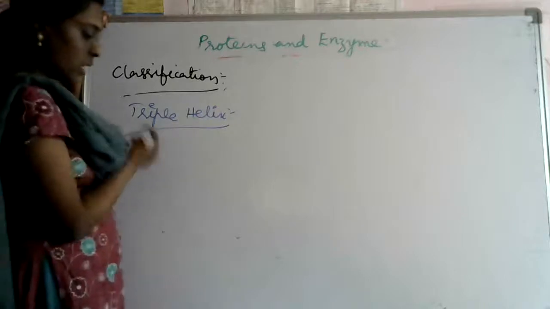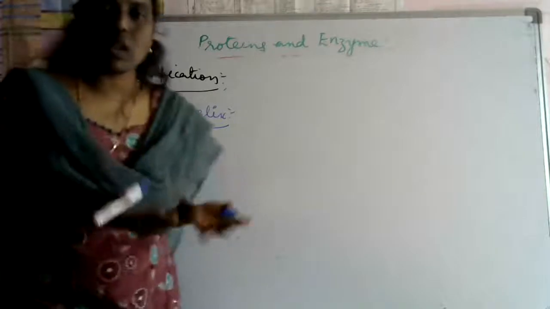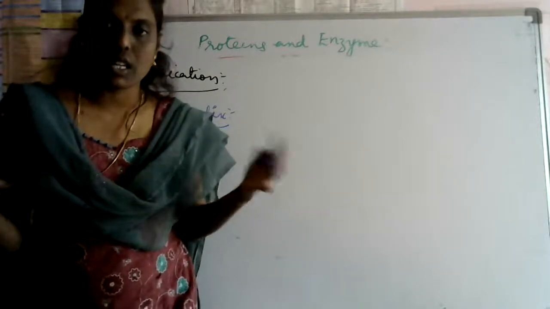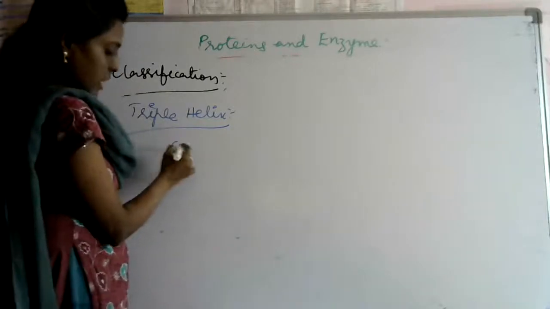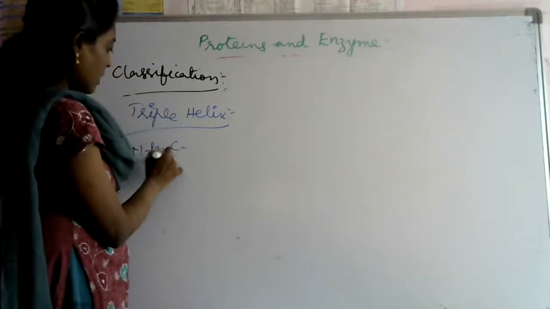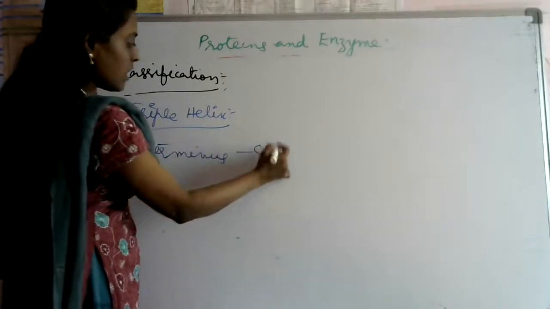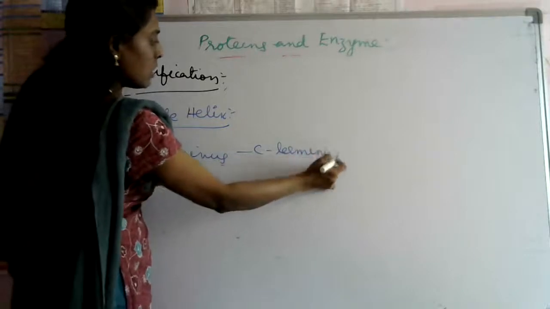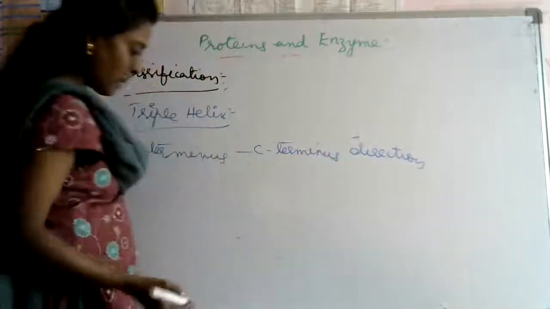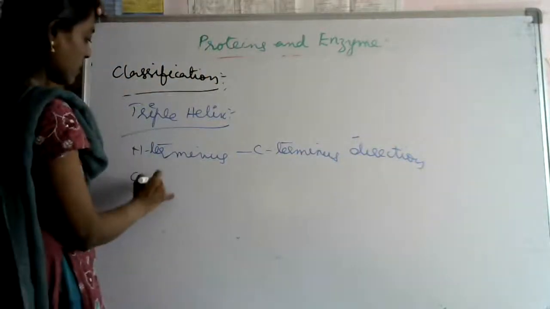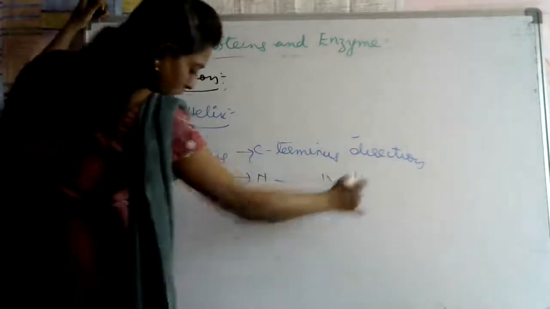Triple helix. In these segments, which are chains, if two chains are combined, aligned in the form of N terminus to C terminus direction, or vice versa, C terminus connected to N terminus chain.